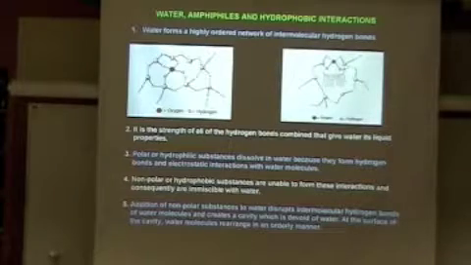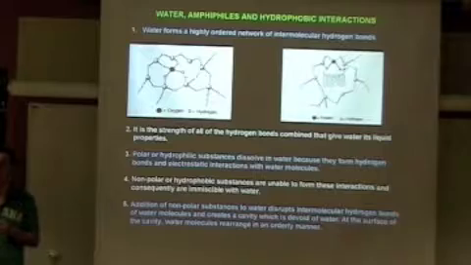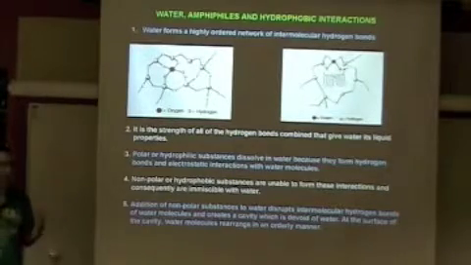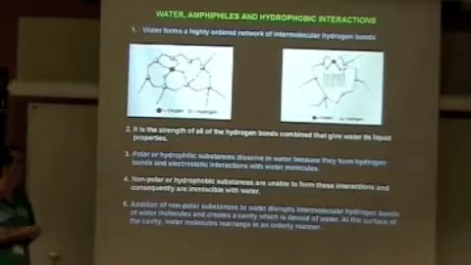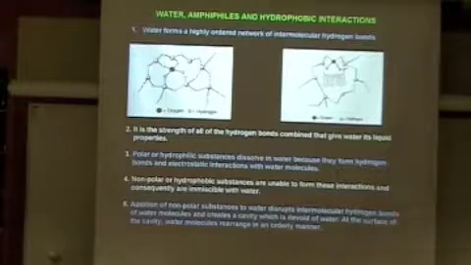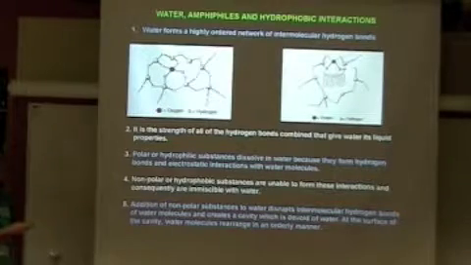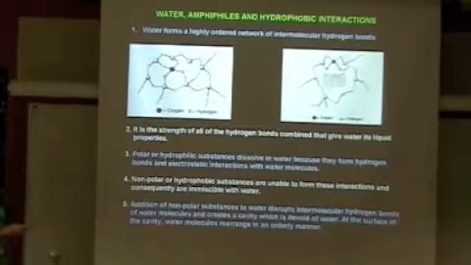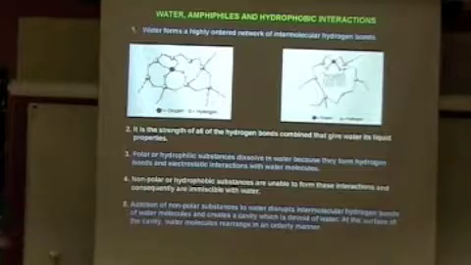So effectively, it's the strength of the hydrogen bonds in water that gives it its liquid properties, and it's also this strength that gives rise to hydrophobicity and hydrophilicity. On the left here, we've got an image of a well-ordered hydrogen bonding network within water, and on the right we've got some hydrophobic compounds which have been introduced, and you can see that they disrupt this strong hydrogen bonding network.